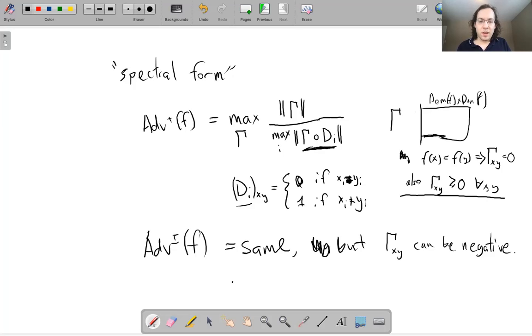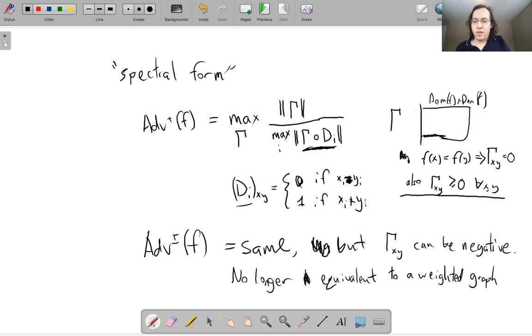And then this is no longer equivalent to a weighted graph formulation.